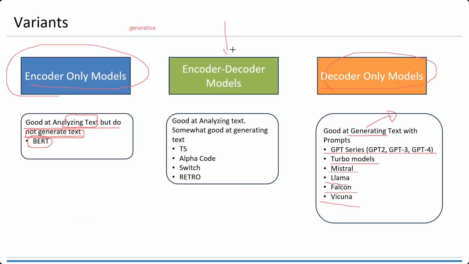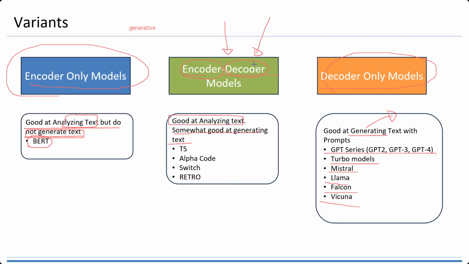And people still use the transformer, the encoder and decoder models. They are good at analyzing text, and somewhat good at generating text. But people do not use them frequently because they need high computational resources, since you need to do both encoder and decoder.